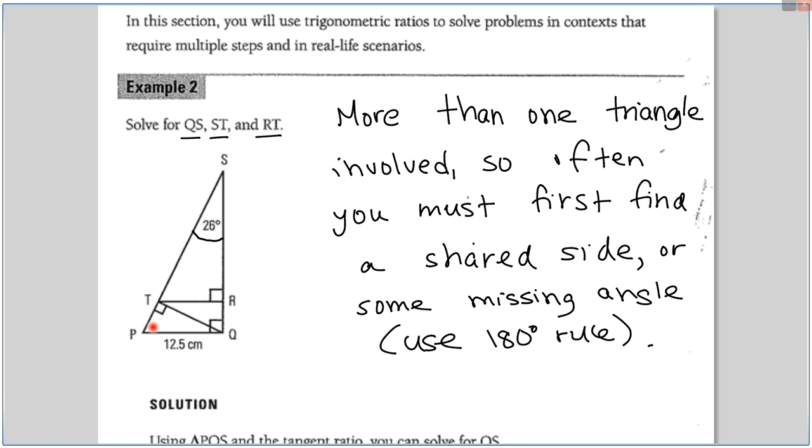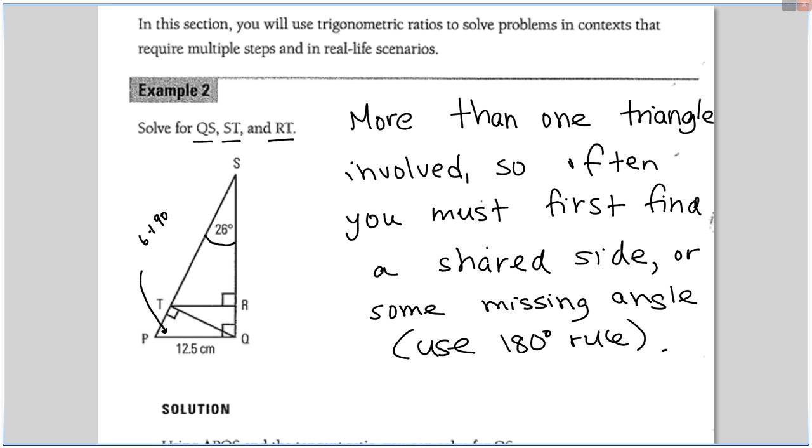So how do we find this angle down in the corner? 180 take away 90 take away 26. So 66? That's my favorite number anyway.